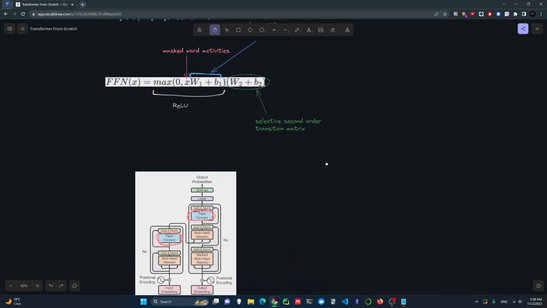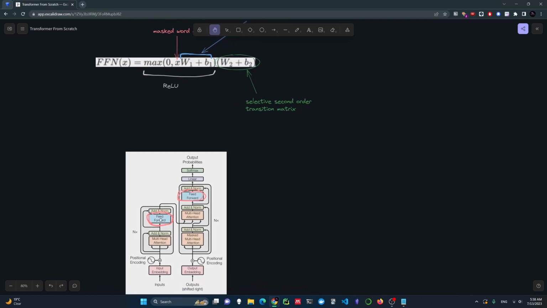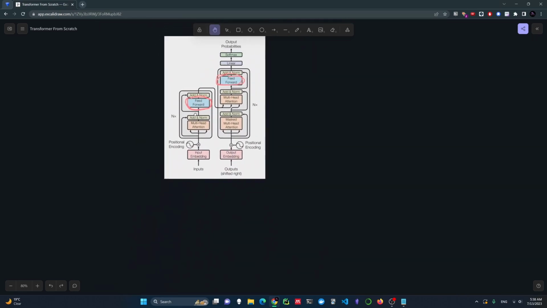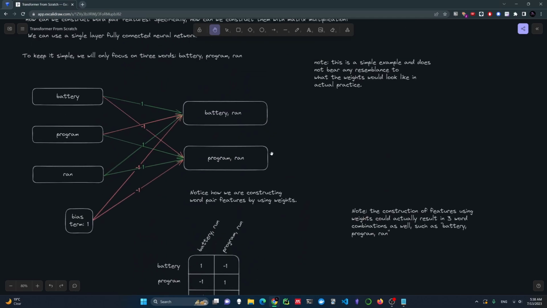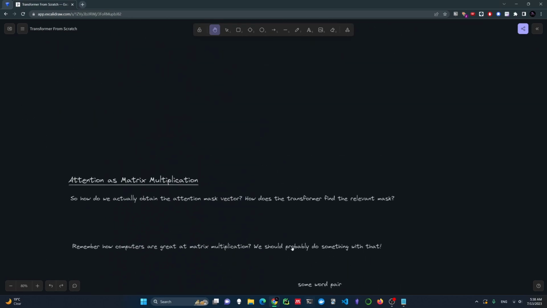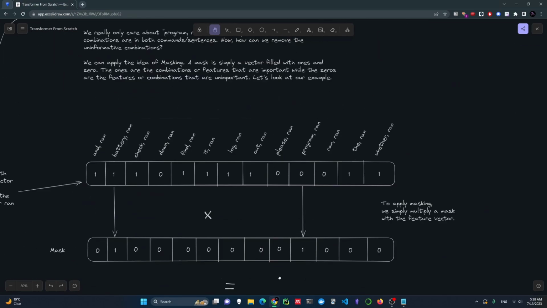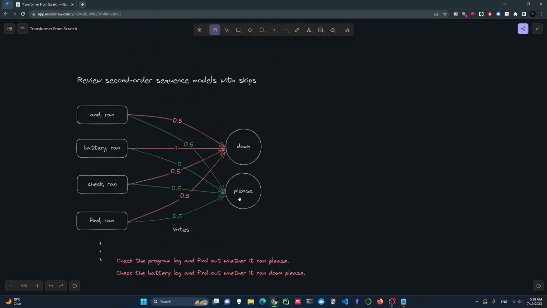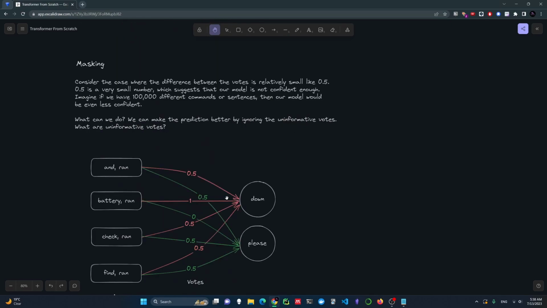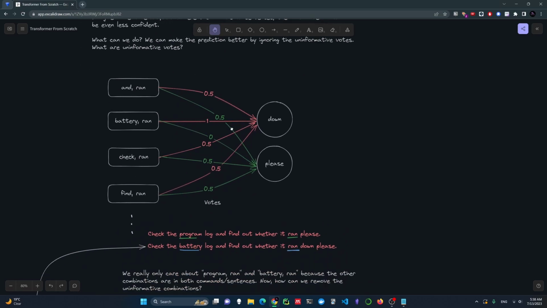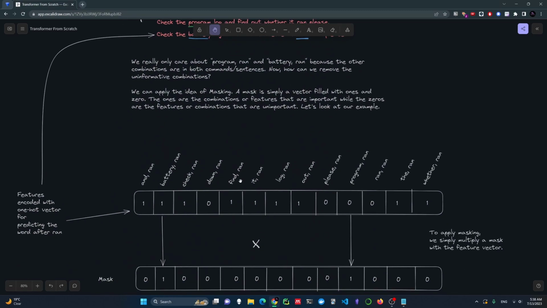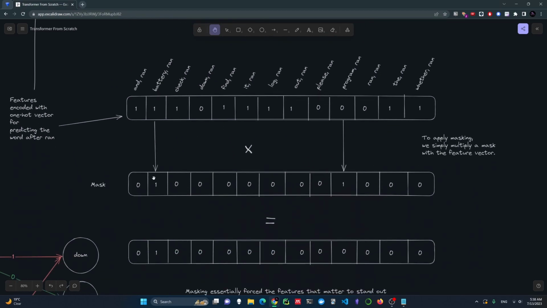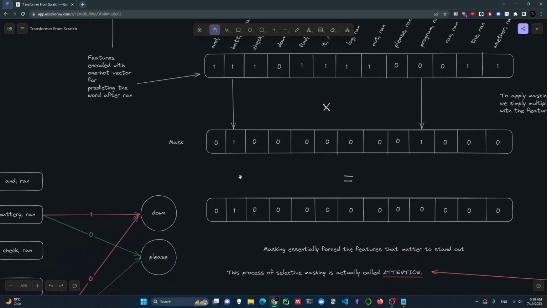So what we have talked about here is essentially the feed-forward part of the transformer architecture. Just for a quick review: first we talked about masking, which is essentially cutting out all the noise and only focusing on the words, or features, that we care about.